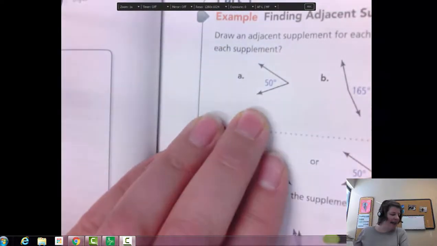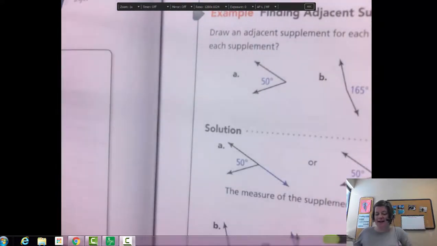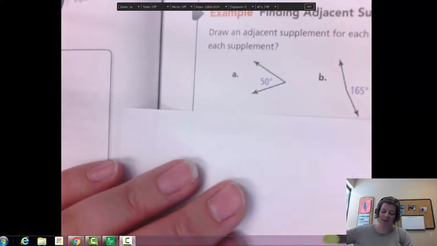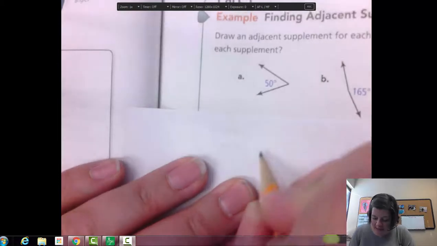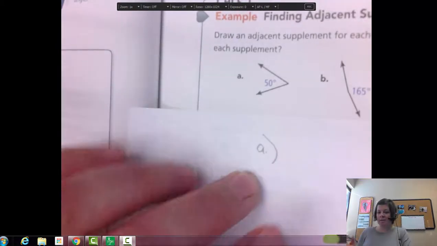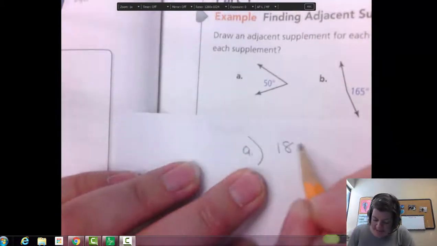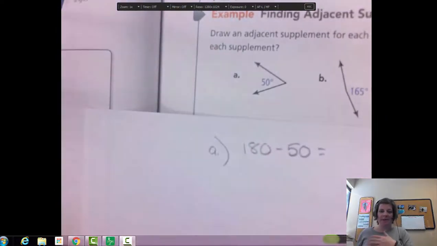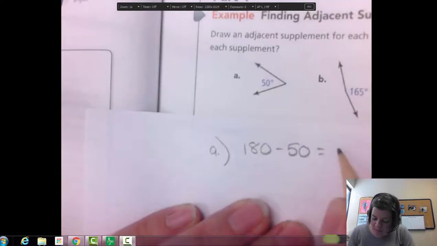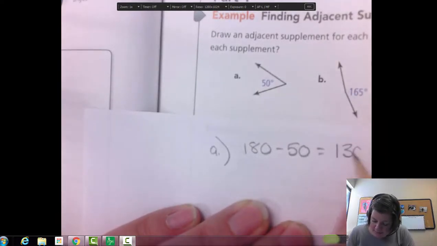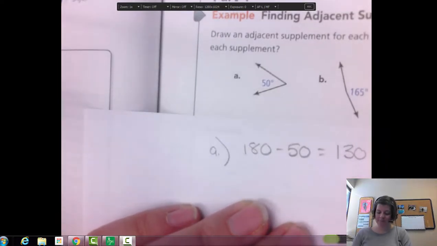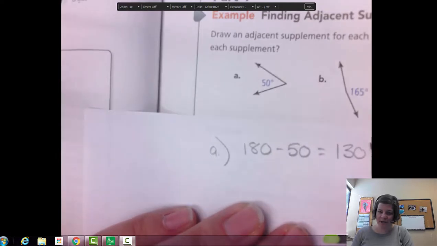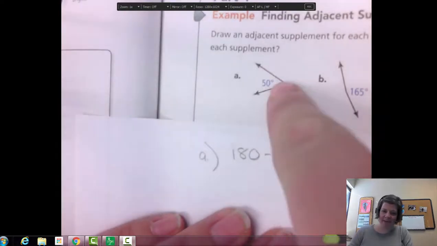What is an angle that is supplementary to this part A here? Well, what would I do? I would say 180 minus 50. And that's going to get me our supplementary angle, which would be 130. All right, so a 130-degree angle would be supplementary to this one.